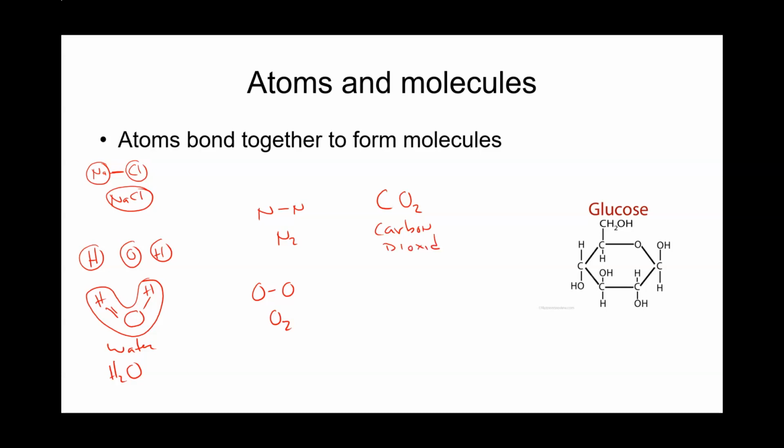Or you could get way more complex and you could have 6 carbons bonding together to 12 hydrogens, bonding together to 6 more oxygens to make glucose, which is a sugar. And so that's the idea behind atoms and molecules.